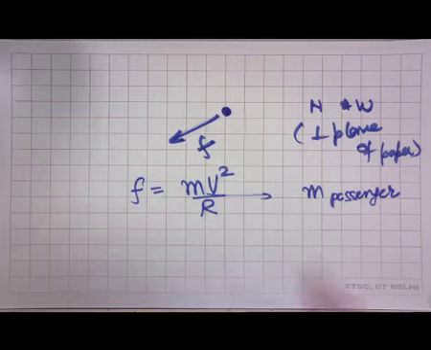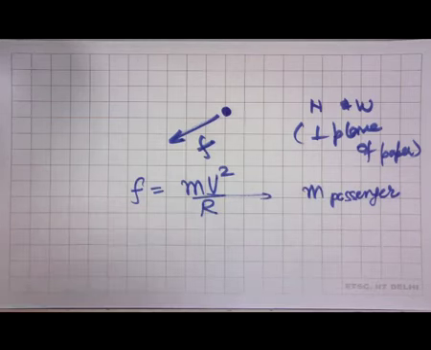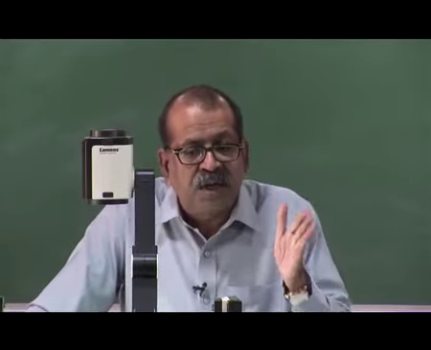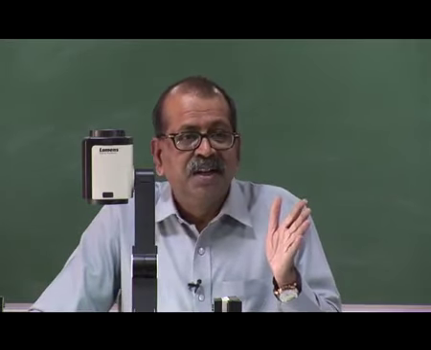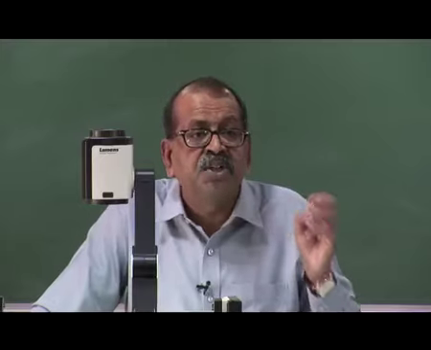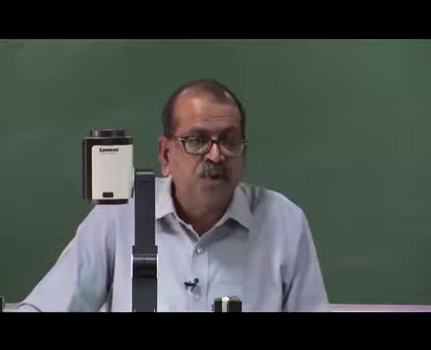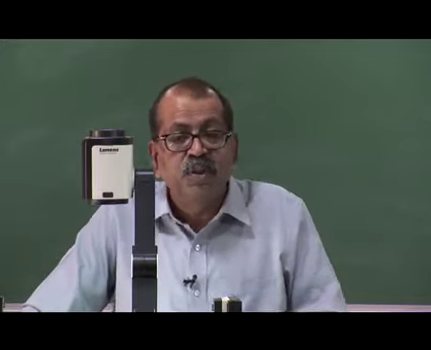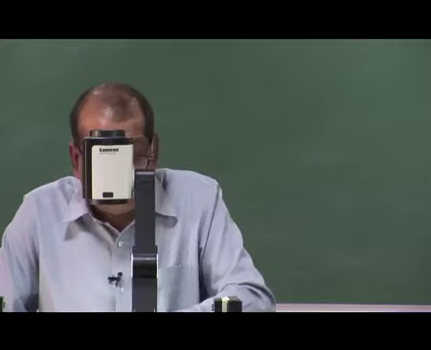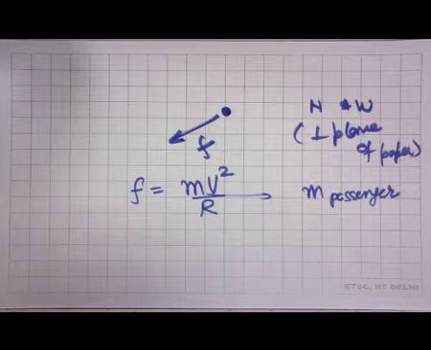So, this acceleration of the passenger has to be provided by the friction force. And notice here, the passenger is at rest with respect to the car, but we have to write the acceleration of the passenger in terms of an inertial frame of reference, and we are assuming any frame connected to the surface of the earth is inertial. So, with respect to a person on the ground, the passenger is travelling in a circle, and so his acceleration is equal to v square upon r toward the center of the circle.